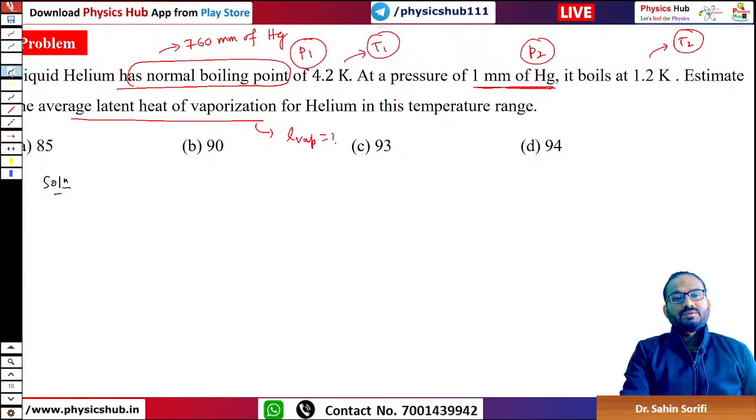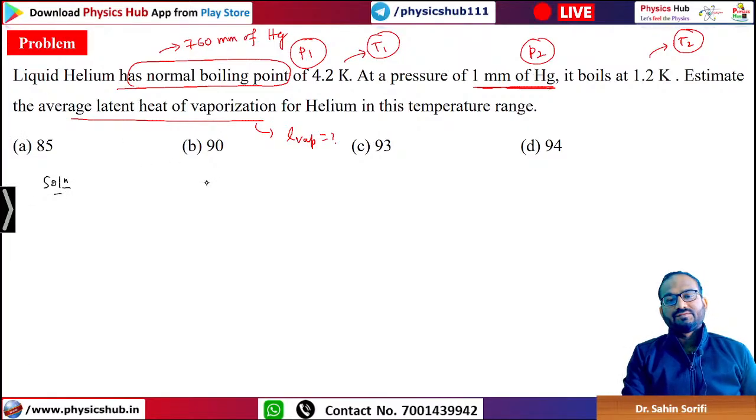So here also we will be utilizing that approximate form of the Clausius-Clapeyron equation. Yes, so we will be utilizing dP upon dT is equal to L vaporization divided by RT square multiplied by P. Now we have to find out this L vaporization.